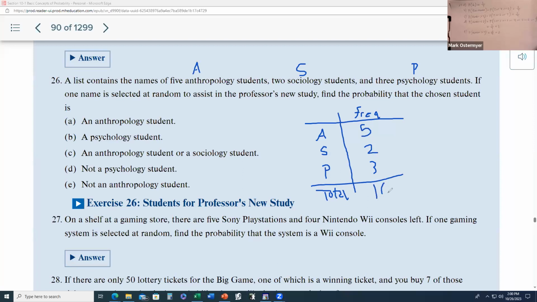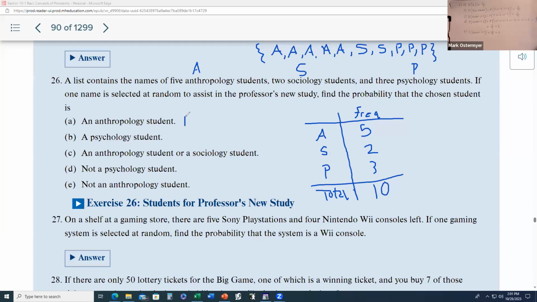What's the total number of students that were surveyed? There were 10. So your sample space, ladies and gentlemen, what would your sample space be? Your sample space would have 5 anthropology students, so 5 A's. You're going to have 2 S's, 2 sociology students, and 3 psychology students. So what's the probability of selecting one of these students randomly and it being an anthropology student?